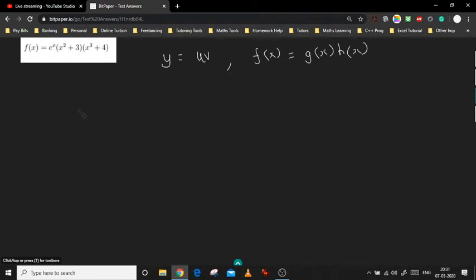So what can we do if we have a product of three functions? We just have to apply the same rule, extending the product rule here. Let's try to apply the extended product rule for three functions, and then we will solve this problem.